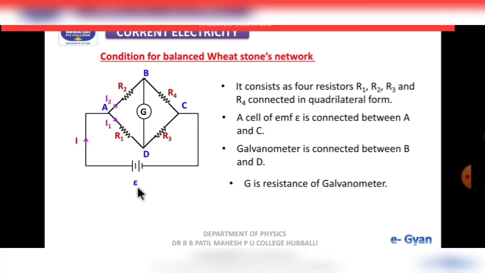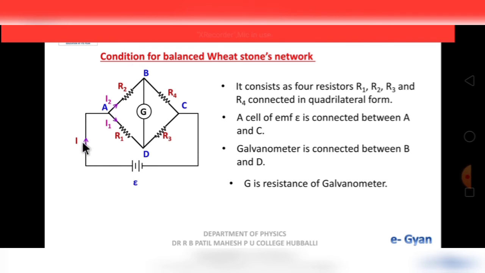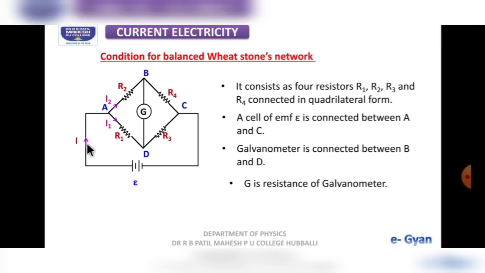Due to this battery, a current is produced in the circuit, and when this current reaches point A, it gets divided into two parts, I1 and I2. As I2 reaches point B, it again gets divided into two parts, Ig and I4.